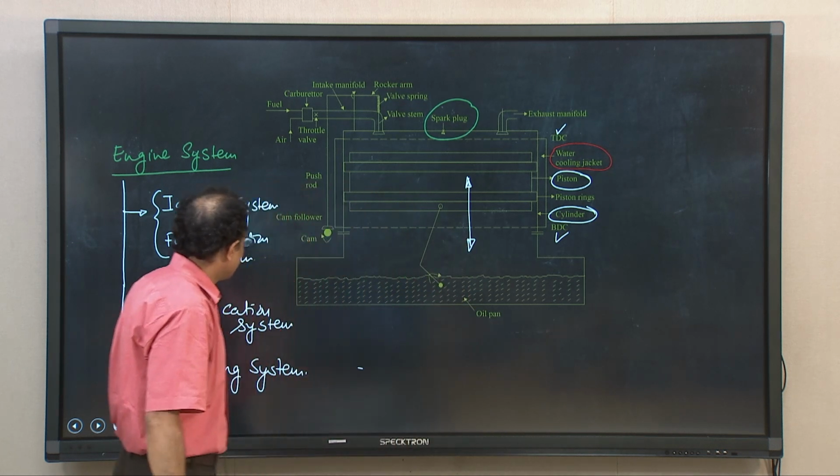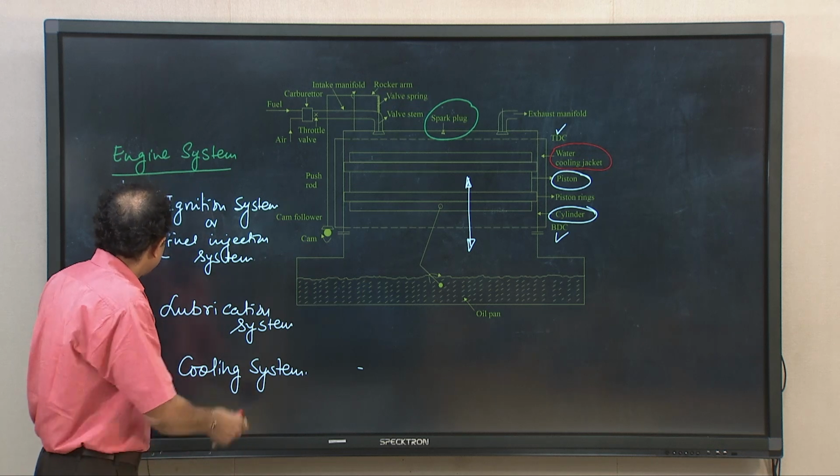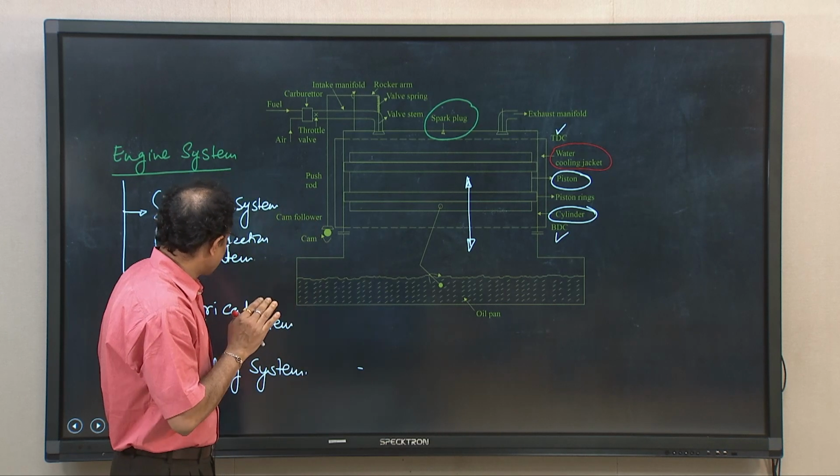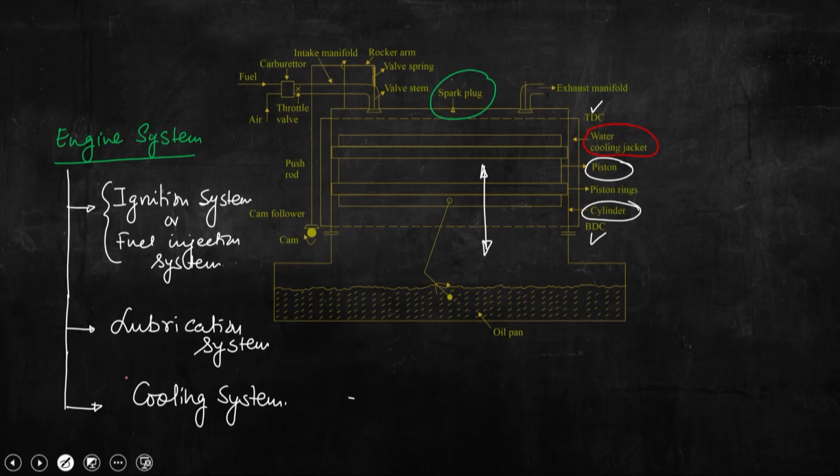Now, let us quickly revisit the need for an ignition system, lubrication system and cooling system. If we pick up this particular subsystem, we have understood that we need to supply coolant, maybe water if it is a liquid coolant, or maybe air if it is an air cooled engine.